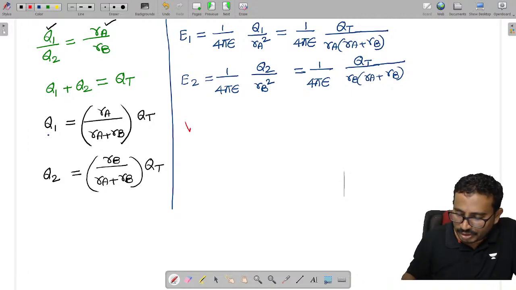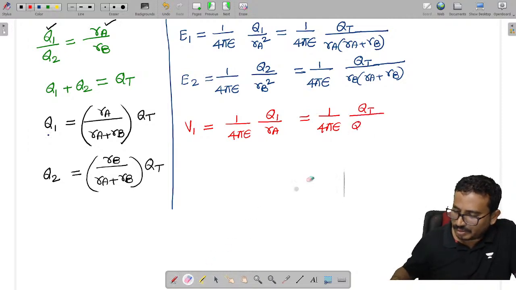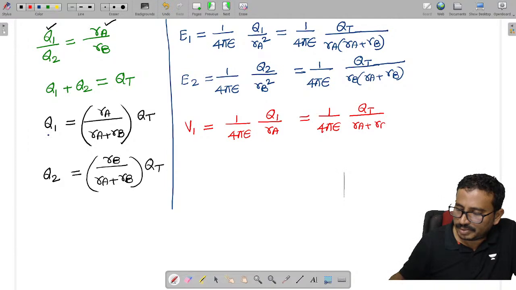Next, the potential. V1, the first sphere's potential, is 1 by 4 pi epsilon into Q1 by RA, which gives 1 by 4 pi epsilon into QT by RA plus RB.